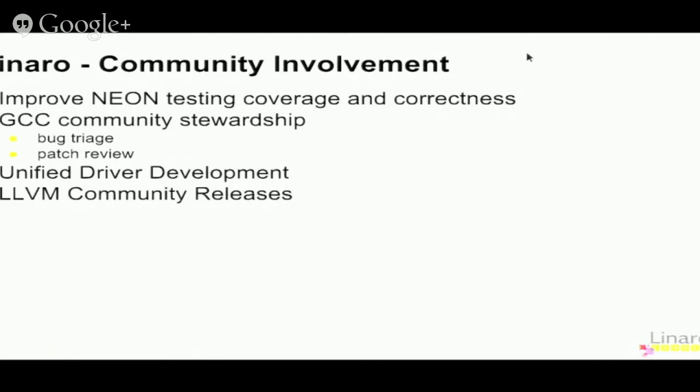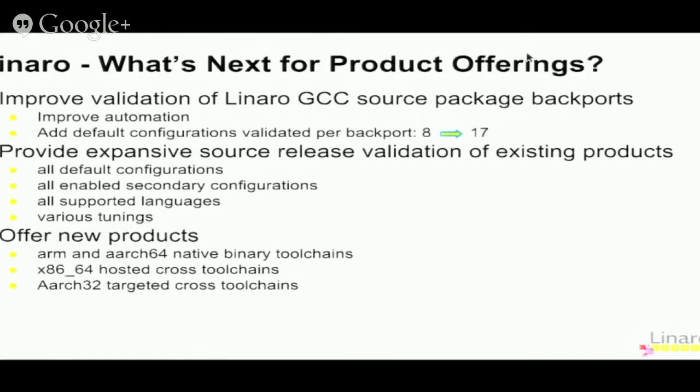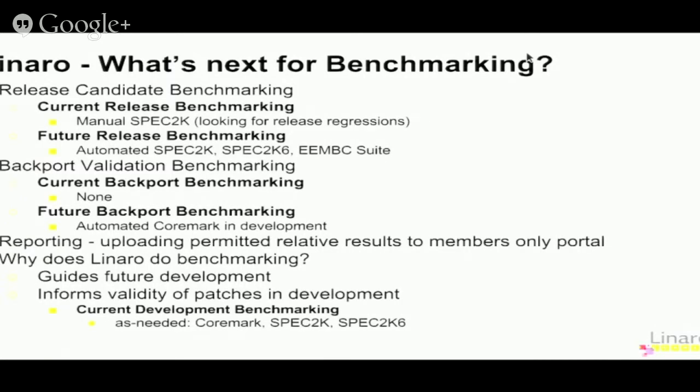I won't really talk about the community involvement. That's just a background task that we always work toward. And here on the product offering slide, like I said before, we're going to be potentially adding 32 new products and improving our validation of those products. You guys can read this slide as you want, but I'm not going to go through all of it.